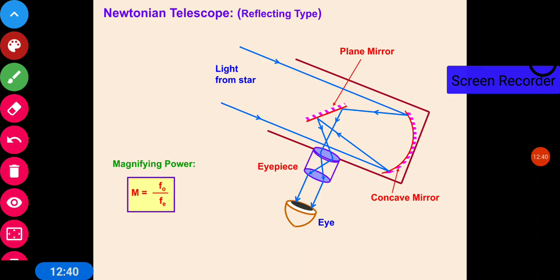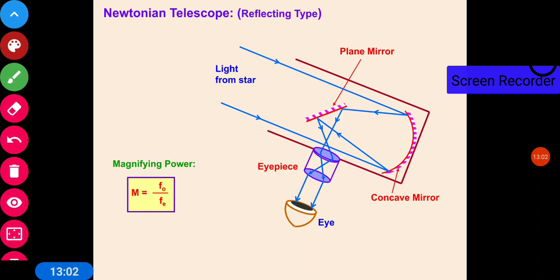The advantages of the Newtonian telescope are, first, that since in the concave mirror no light is absorbed, the maximum intensity is reflected, and we get the image with the maximum intensity.